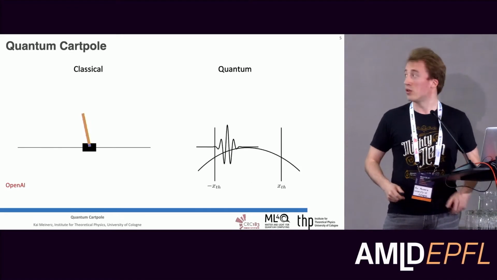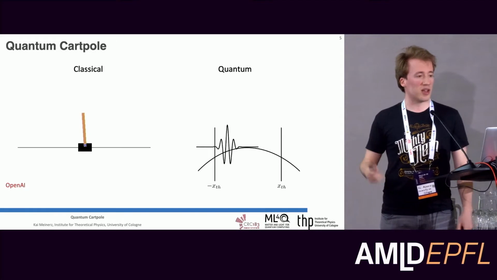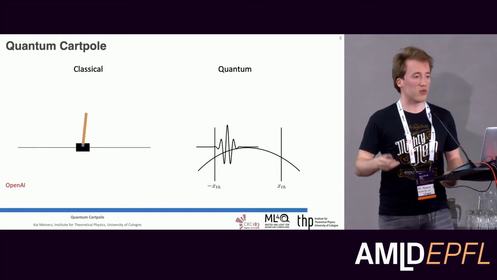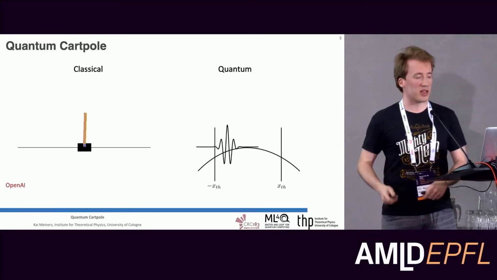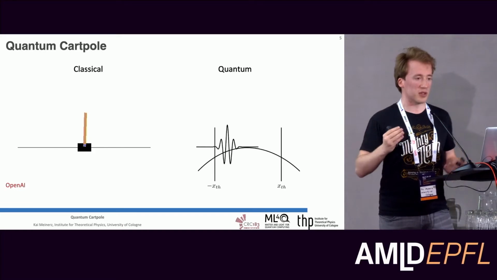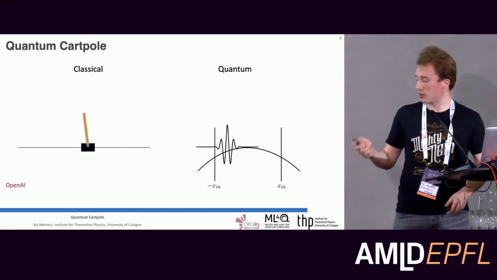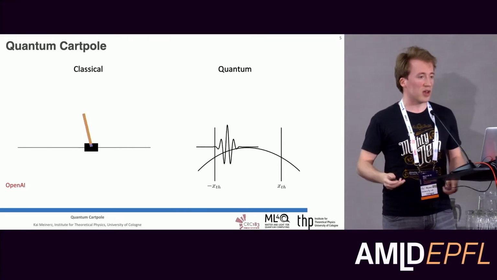So what we're going to do is flip the potential, turn it upside down, and then our wave function will start to move to one of the sides of the potential. It will start dropping out. As soon as the peak of the wave function passes one of the thresholds we defined, those black bars, we consider it game over, and we have to start from the beginning.